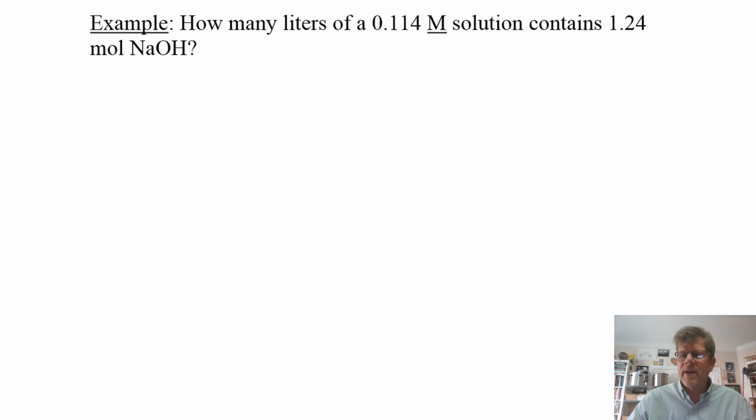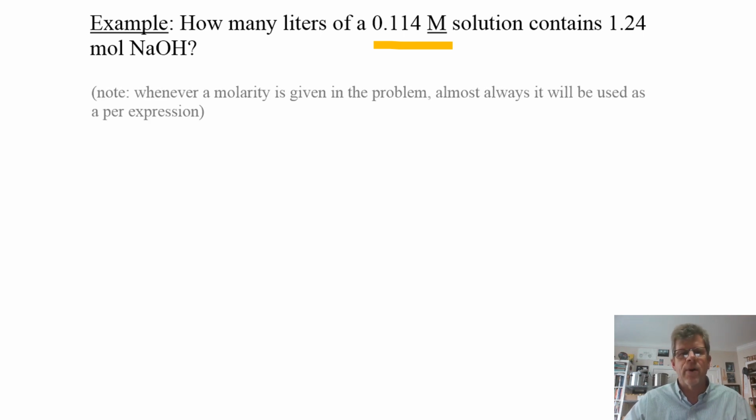Pro tip: in any example problem where a molarity is shown, remember that a molarity is a per expression in itself. So almost always when we see a molarity in a solution, we're going to pull that out and put it into a per expression, and almost certainly use that in the problem.